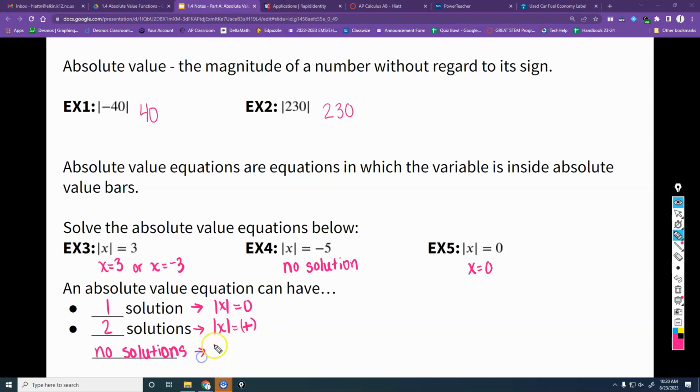And then no solution is going to happen whenever you're equal to any negative number. Okay, questions here?